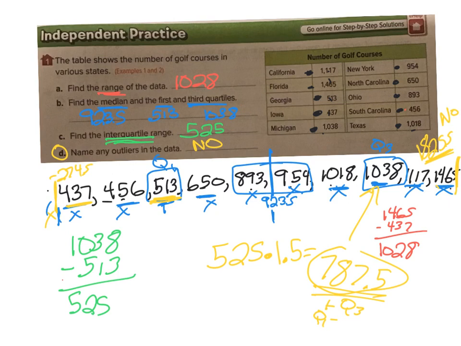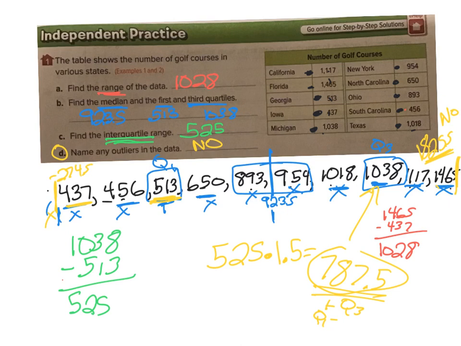Or you're starting to understand this, starting to get the idea of taking a set of data, get the big range, then break it up into 4 parts where you get the median, which is exact middle, and then you get the median of the first half, which is Q1, and the median of the second half, which is Q3.